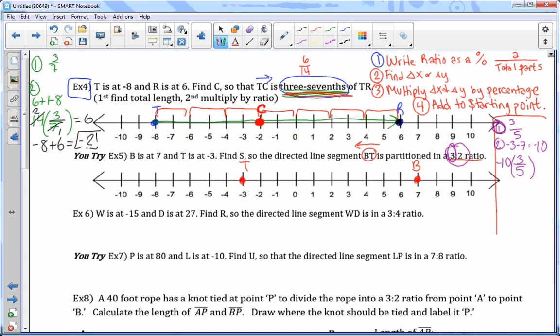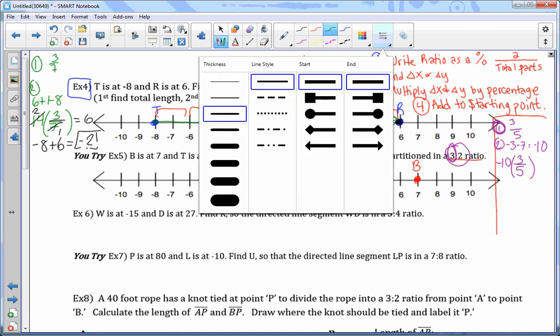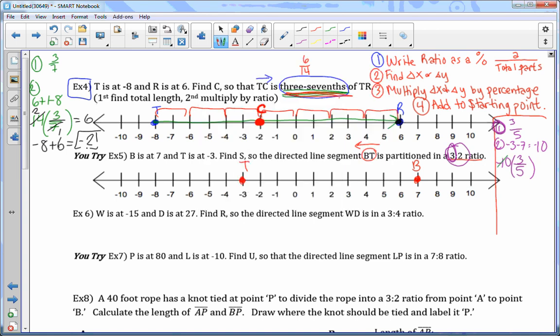We're going to move 3 parts of the total 5 across. Notice this one's a nice one. You can see it cancel. Negative 10 on top, 5 on bottom. How many 5s are in negative 10? Negative 2.